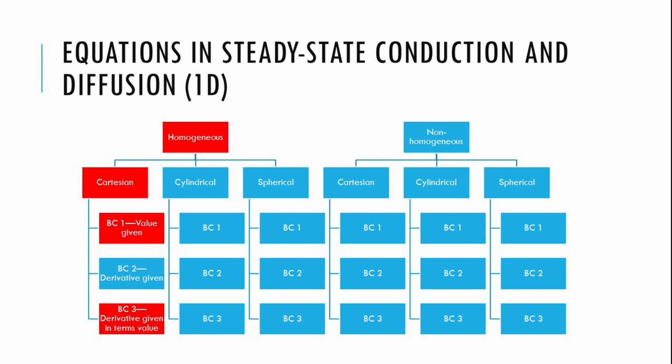In this module, we're going to solve the homogeneous Cartesian 1D equation, and we're going to use a boundary condition on one end where the value is given, but on the other end it is not value given. Instead, the flux is equal to a multiplier of the value, and that's what will make things a bit different from the past.